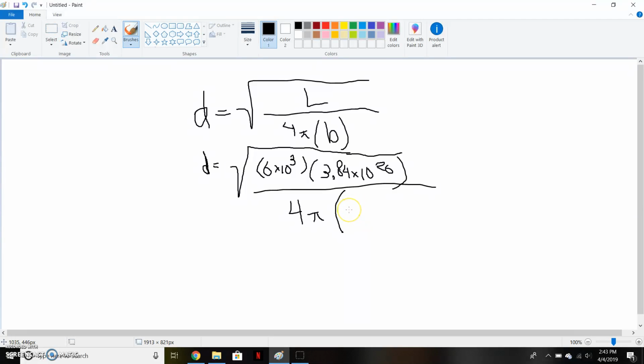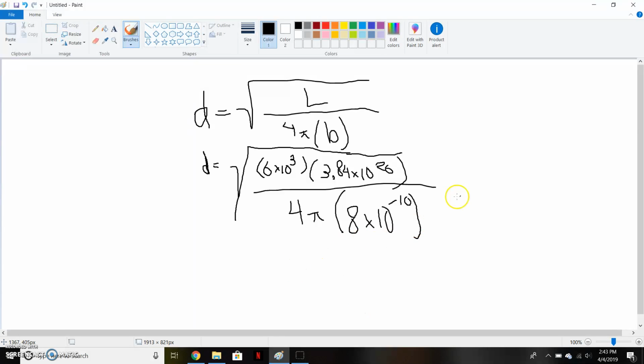So 8 times 10 to the negative 10, and this is all being square rooted.